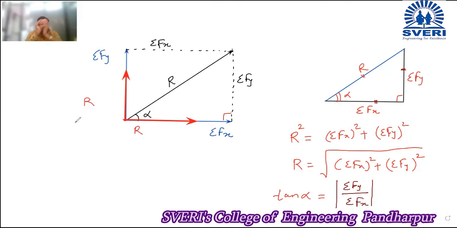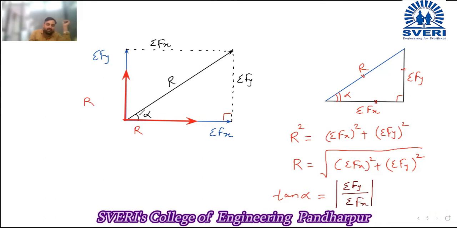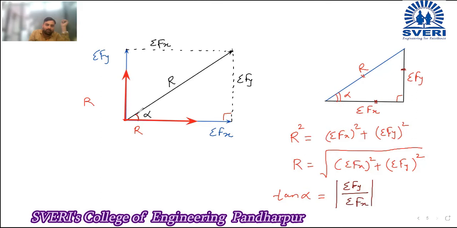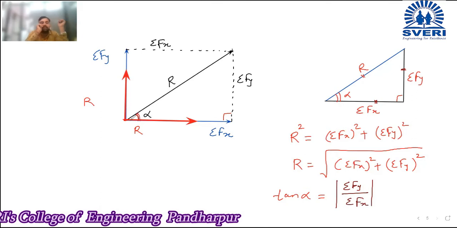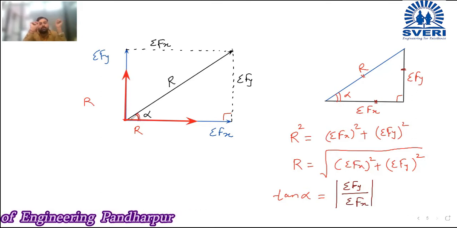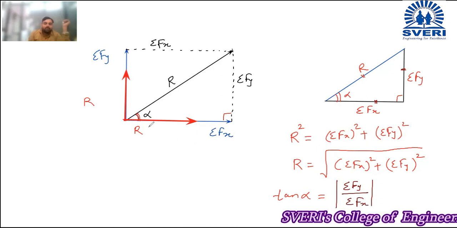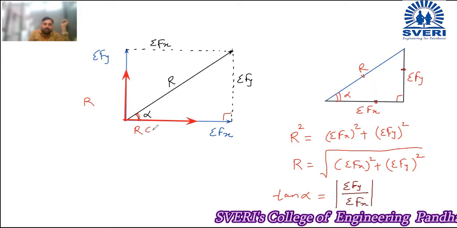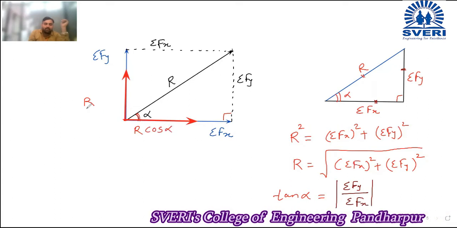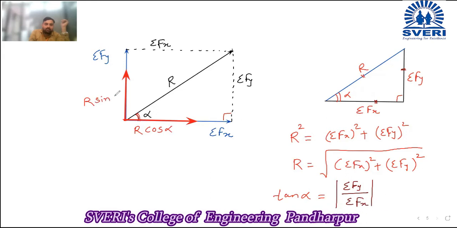Now you tell me, what is the angle now? Angle is alpha. Now you tell me to whom you are giving cos alpha and to whom you are giving sin alpha. For the x direction, cos alpha. For the x direction component, this will be R cos alpha and this will be R sin alpha.